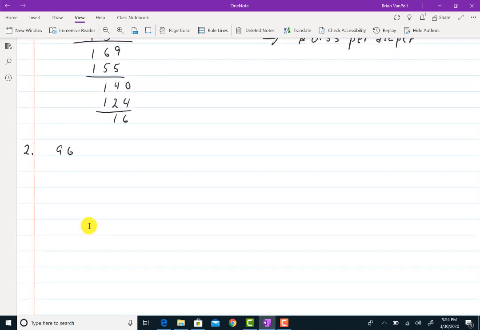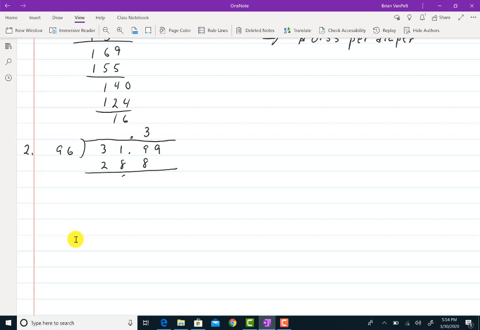So 96 into 31.99. So 96 does not go into 31, but it will go into 319, and I believe it will do so 3 times. Let me see. 3 times 96 will be 270 plus 18 will be 288.